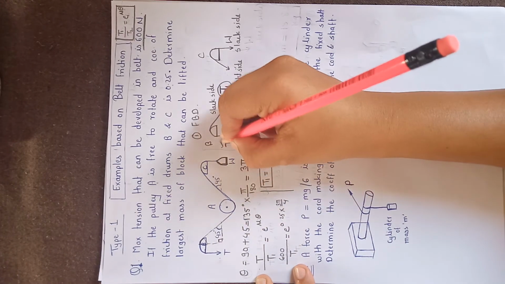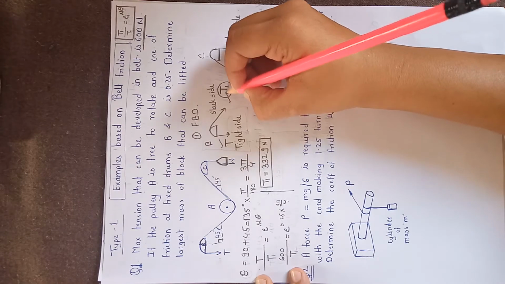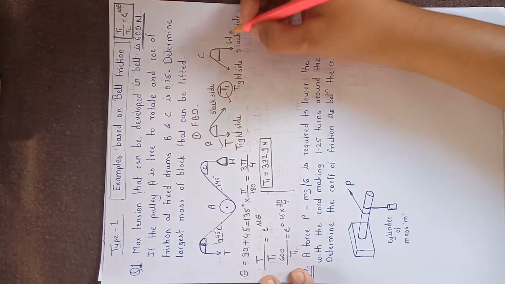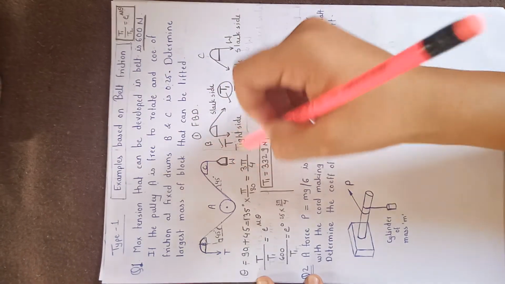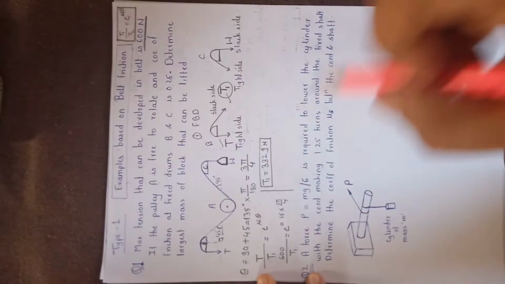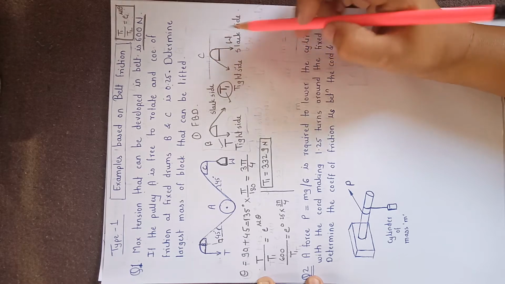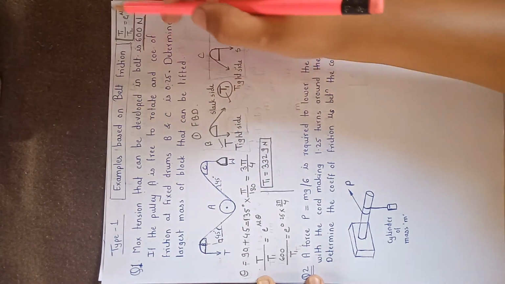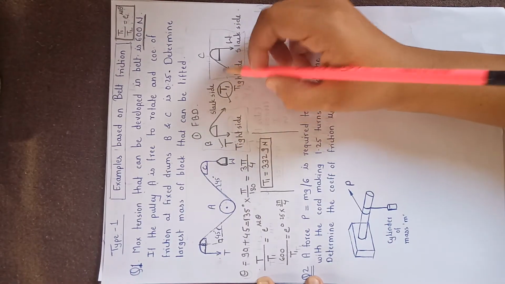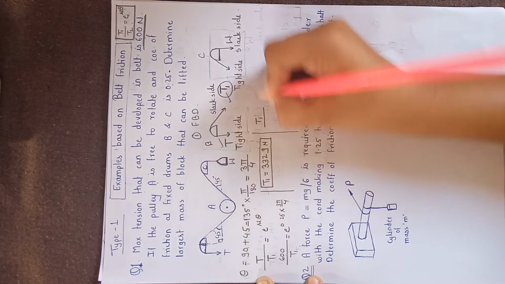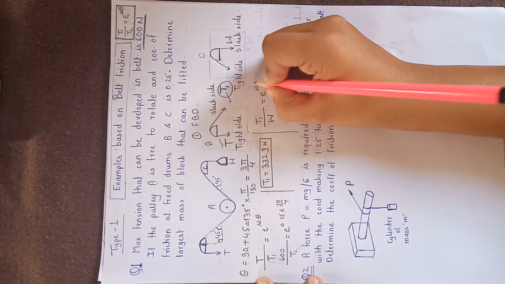We have the value of T, and we just got the value of T1. Now from T1 we can calculate W, and hence we will get the mass of the block. Now we'll consider this as a system, and we apply this formula. Here tight side is T1, so T1 upon slack side W is equal to e raised to mu theta.